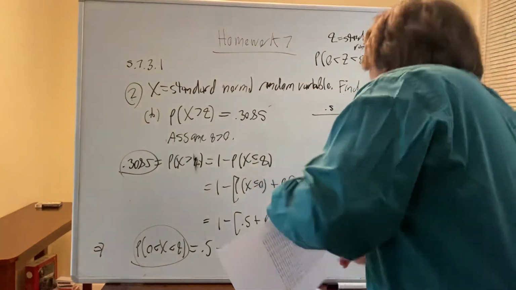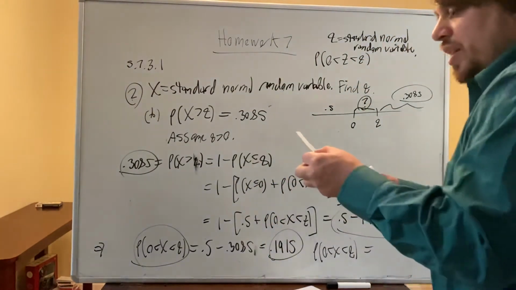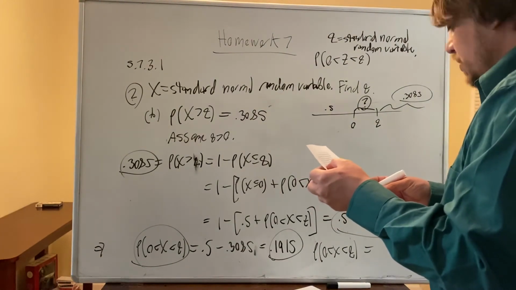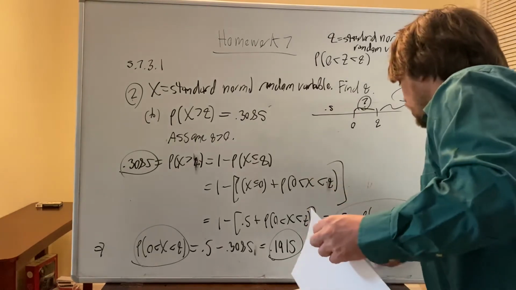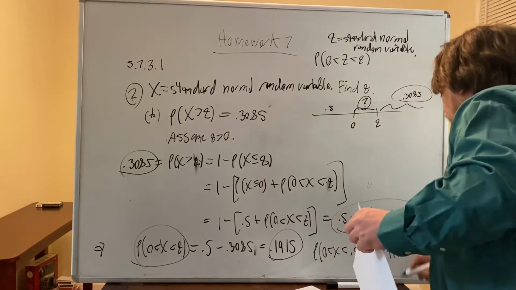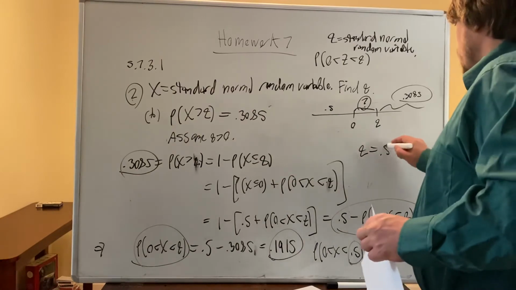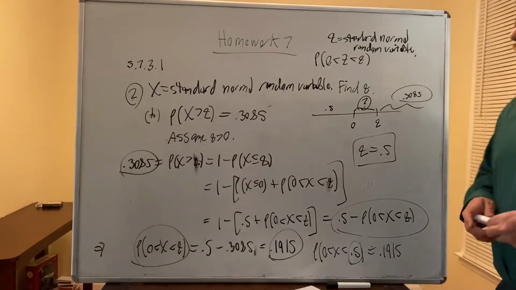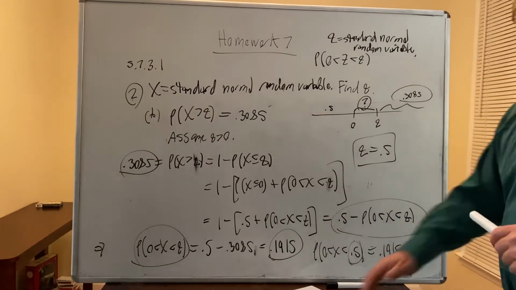So the probability that 0 is less than x less than z is 0.1915 when little z is equal to 0.5. And so z is going to be 0.5. For 2b, the answer is z equals 0.5. Okay, so that's part B.